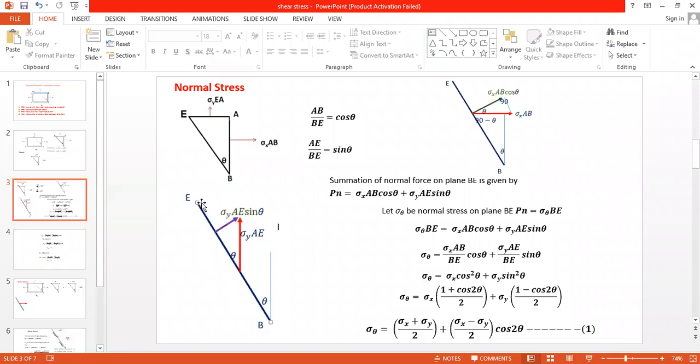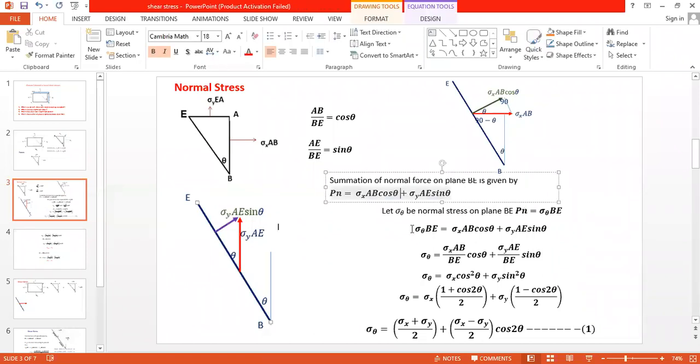As thickness is unit millimeter, the force on this BE is sigma theta into BE, just the length of BE. Now when we equate these two equations, we get sigma theta BE equal to sigma x AB cos theta plus sigma y AE sin theta.